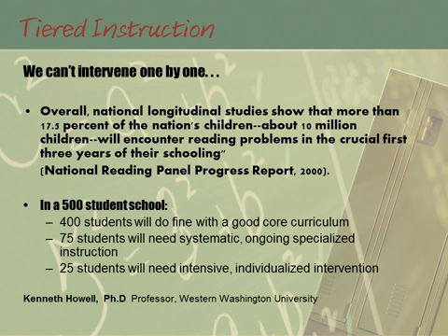But then there are 25 students in this hypothetical student body of 500 who will need intensive, individualized intervention. And actually, tiered instruction, as students move through those different levels, helps in the identification process when we are considering those who may need referral to special education.